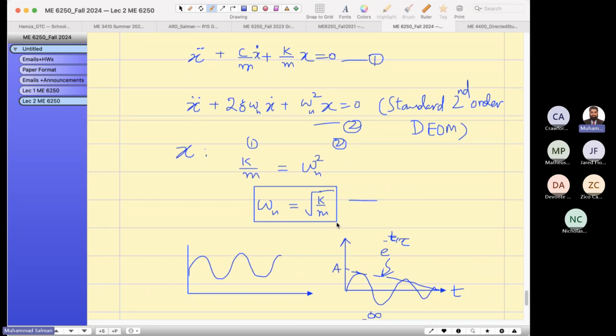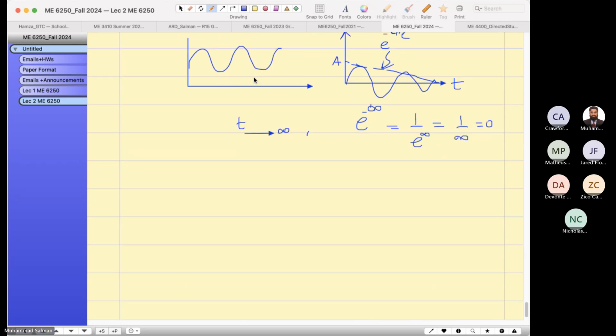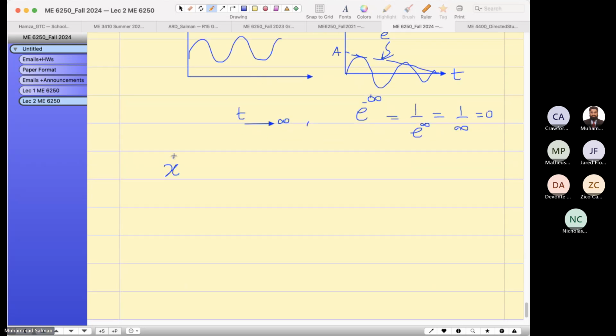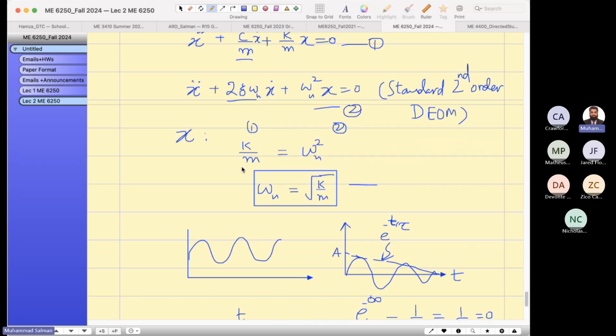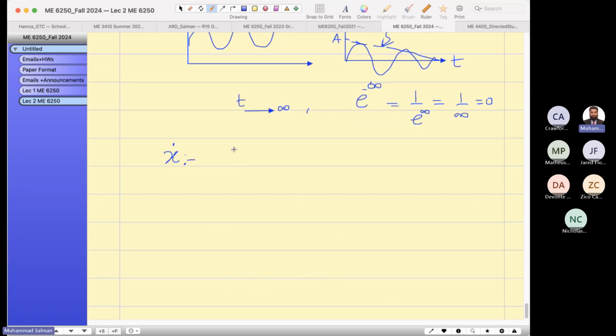And if you compare the velocity coefficients, equation number one is c over m. So this is 2 zeta omega n. Zeta is the damping ratio.